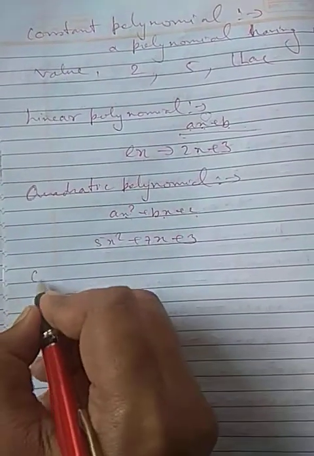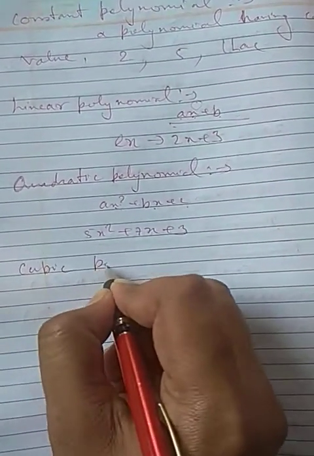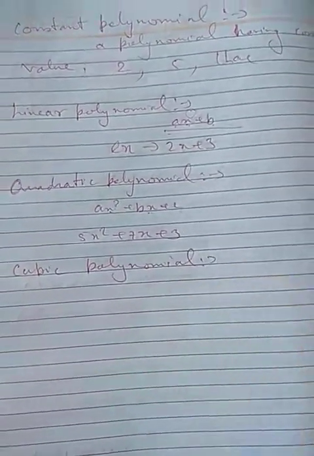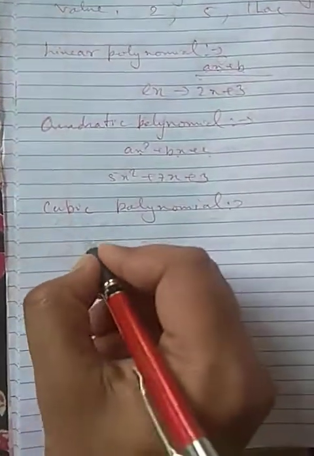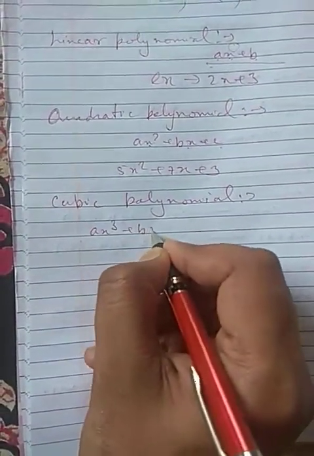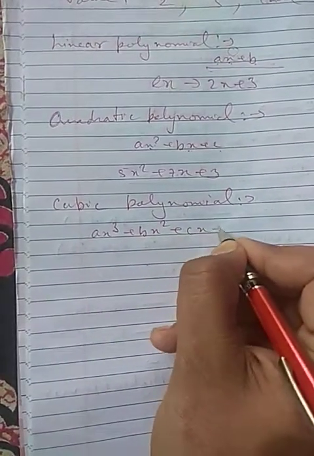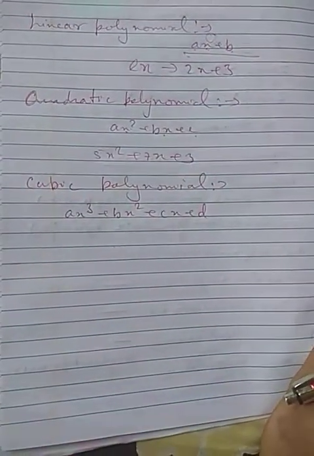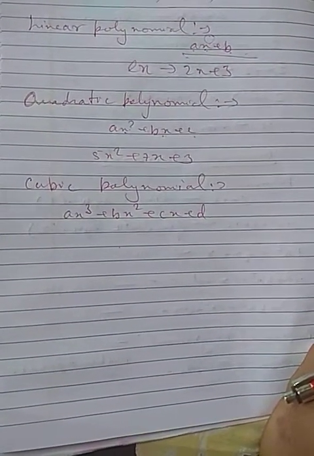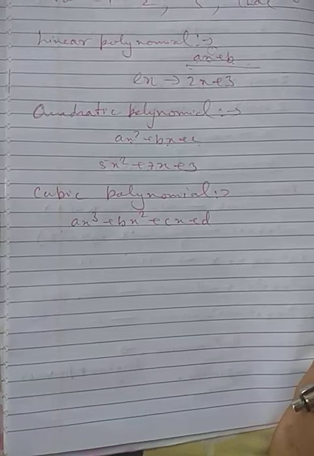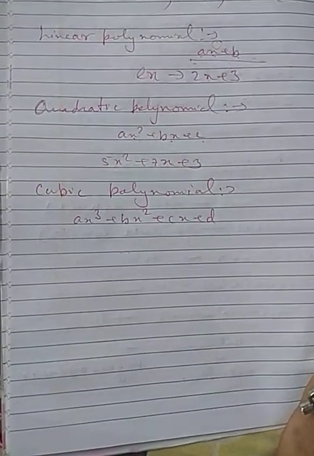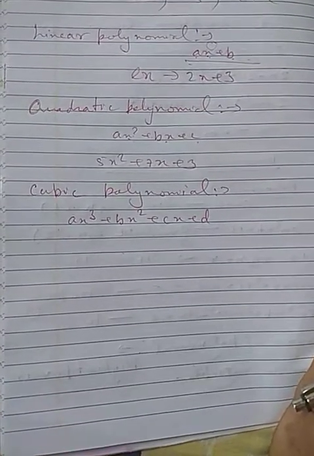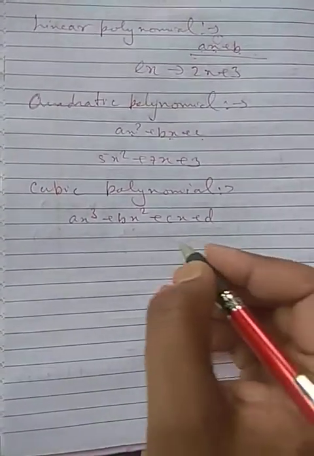Next comes the cubic polynomial. As already mentioned, ax cube plus bx square plus cx plus d is called a cubic polynomial, where a, b, c and d are constants and x is the variable. x has the highest power 3 in the equation, so it is called a cubic polynomial.